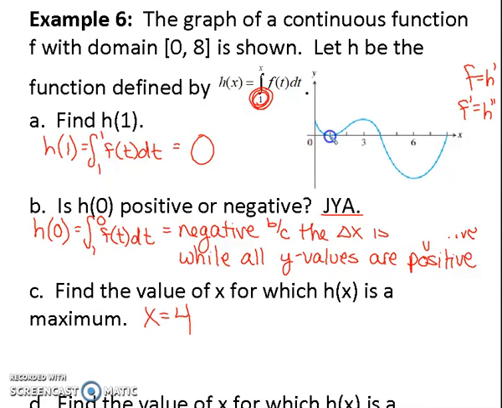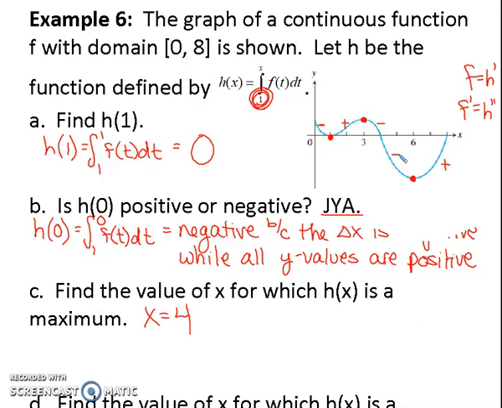So at x equals 1, we go from a decreasing graph to an increasing graph. So from negative slopes to positive slopes. Then at x equals 3, we go from positive slopes to negative slopes. We continue to have those negative slopes until we get to 6, and then we have positive slopes again.